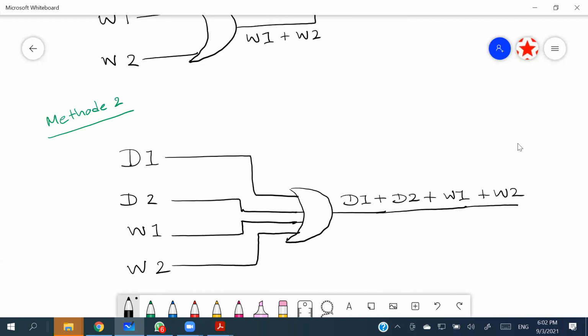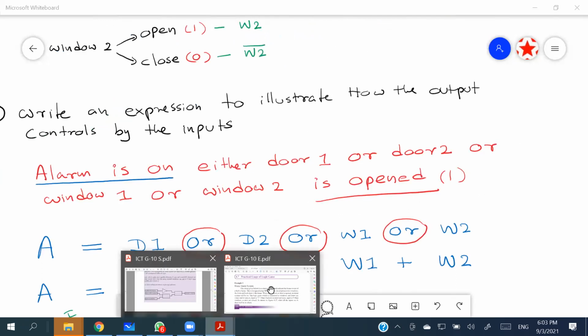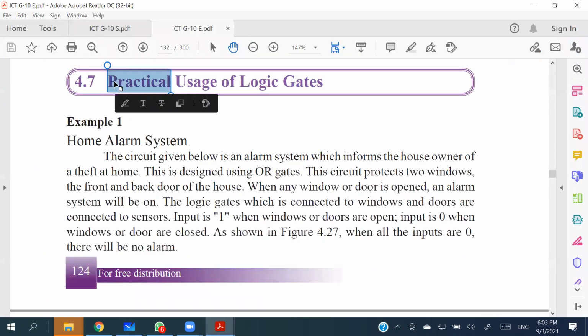All right, people, let's write this down. I'll start it from the beginning. It's better you have a heading called practical usage of logic gates.